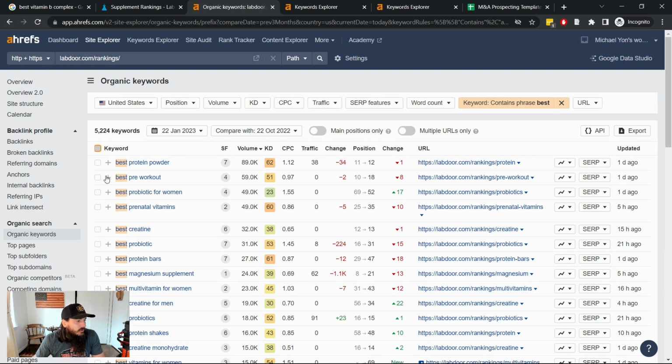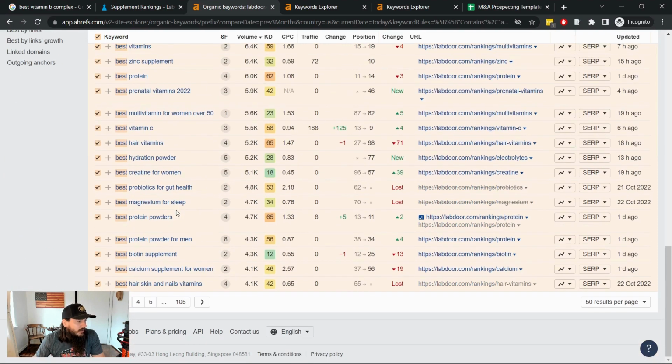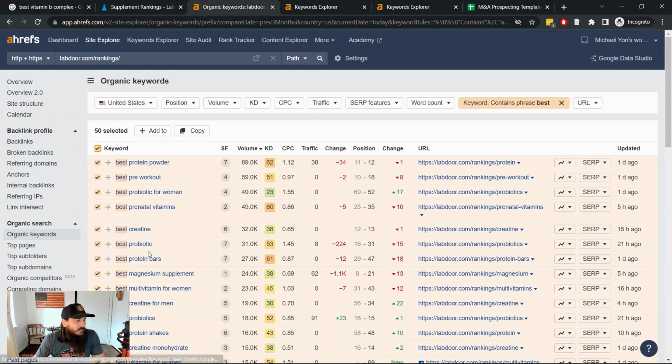So what we're going to do is just grab all of these keywords. You can hit copy, and then I would probably grab like the top 150 or 200 or so just to give us a good representative set of the keywords that you want to analyze and who all's ranking in that landscape.